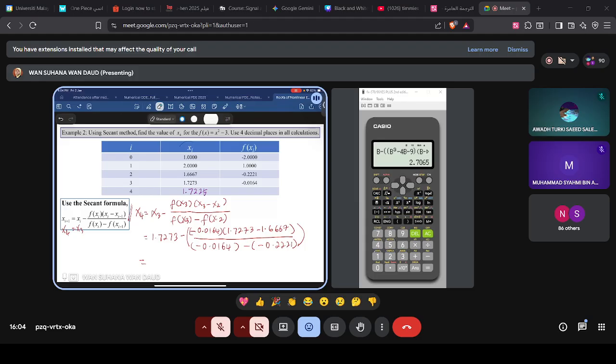You got the same answer? Okay, so how many decimal places? I think it's correct. So we accept this value, 1.7225. All right. So any questions so far?